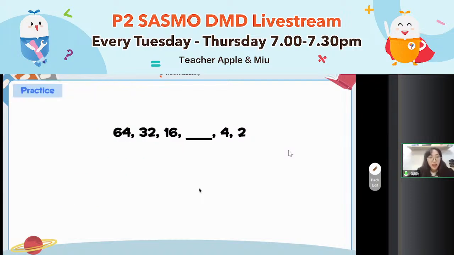Okay. Another example for you. 64, 32, 16, and what is the missing number? 4, 2. Think about it. 64, 32, 16, and then which number? 4, 2.